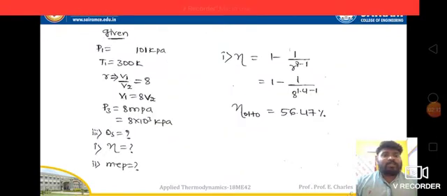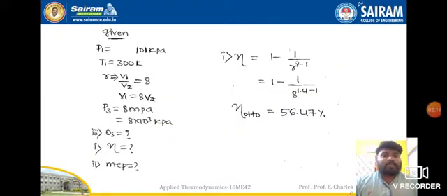Okay, this is how we need to draw the PV and TS diagrams. Next, the given data which I have already told you: P1 is equal to 101 kilopascals, T1 is the initial temperature 300 kelvin, and the compression ratio V1 by V2 is equal to 8. So V1 can be written as 8 V2.